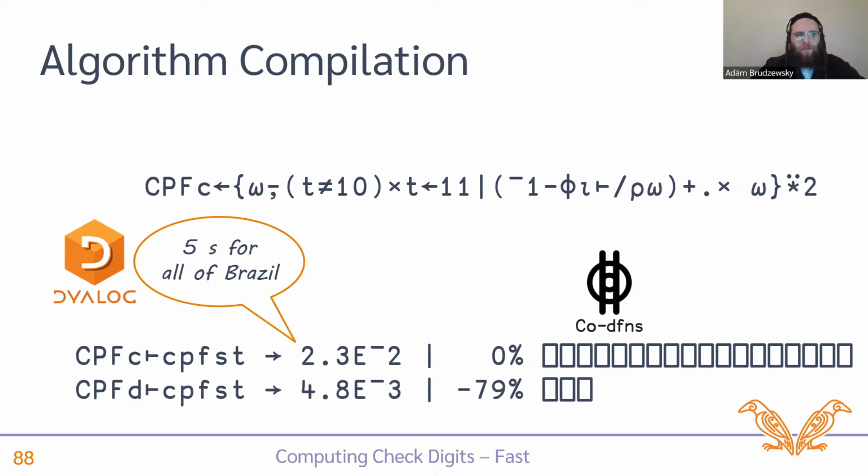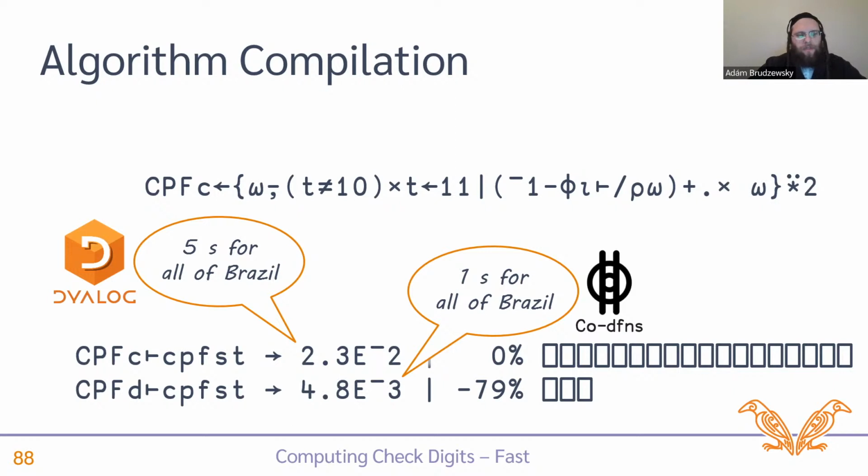There is an overhead of sending all the data to the GPU and bringing it back again. And so for a relatively small amount of data, like this million numbers, it wouldn't pay off. However, if we were to compute it for all of Brazil, then it probably would pay off. And if you can keep the data on the GPU while you're working on it, then so much better.